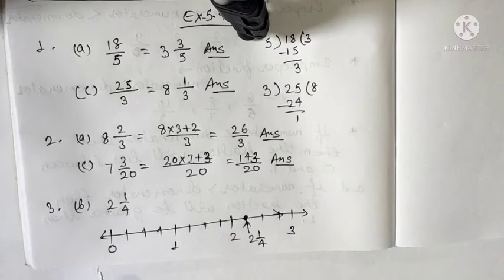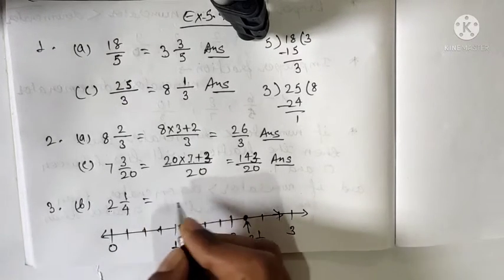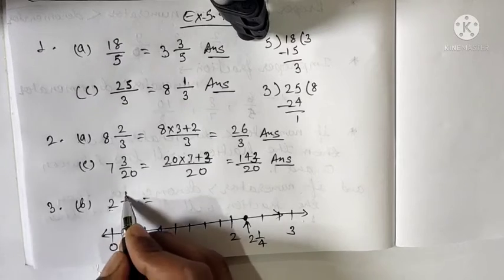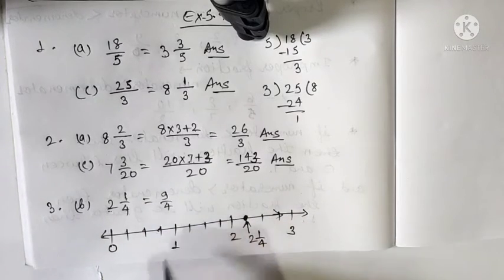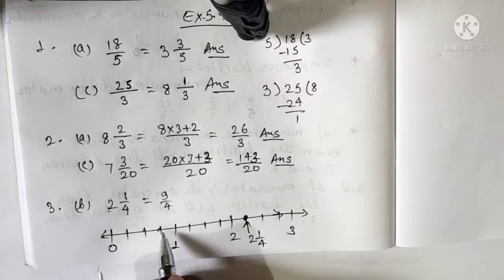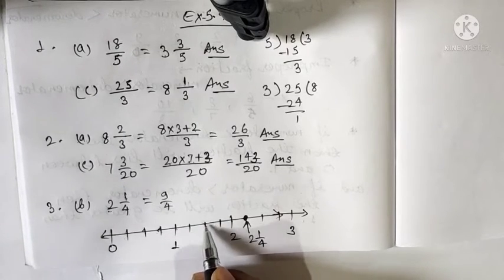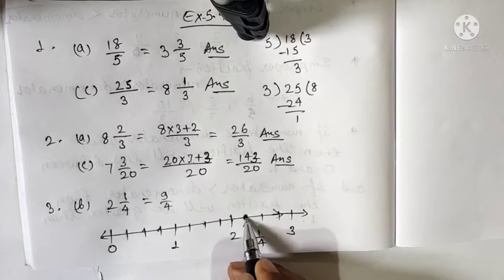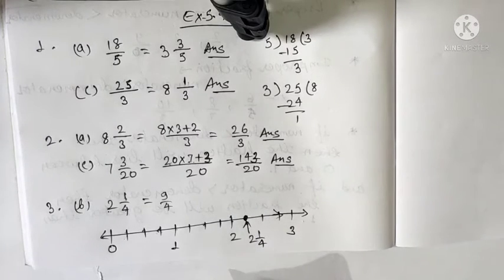This is your answer. Or else, just to verify, you can write it as 4 twos are 8 plus 1, 9 by 4. Now count 1, 2, 3, 4, 5, 6, 7, 8, 9. This is your answer. Simple.